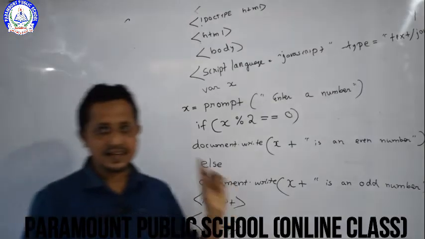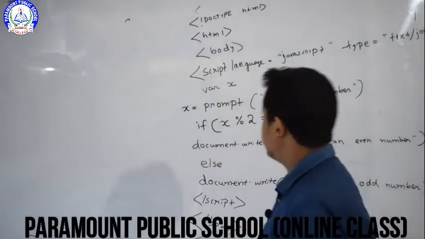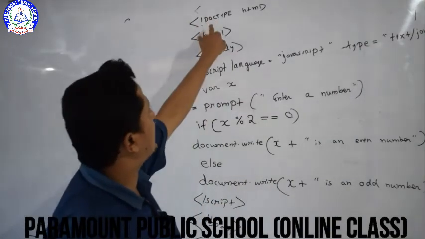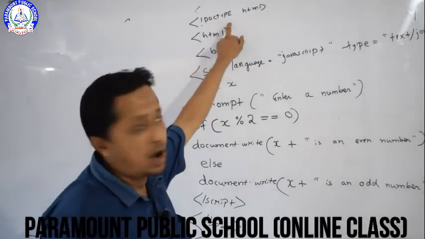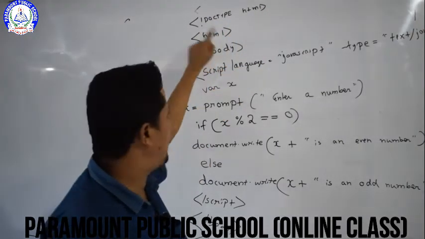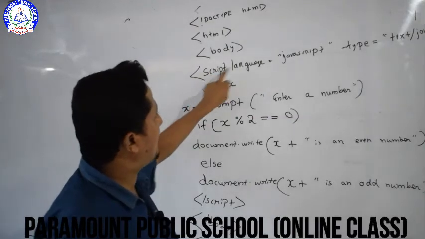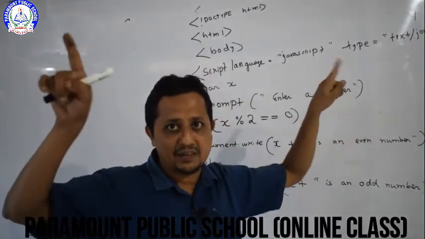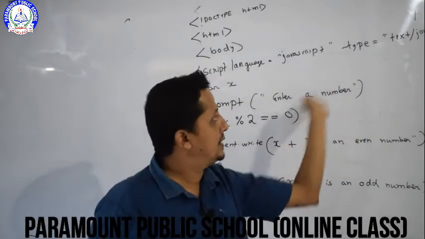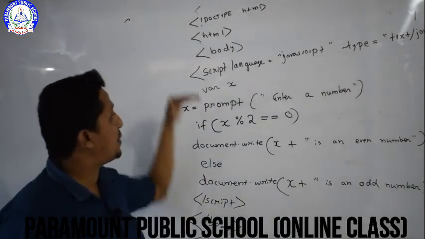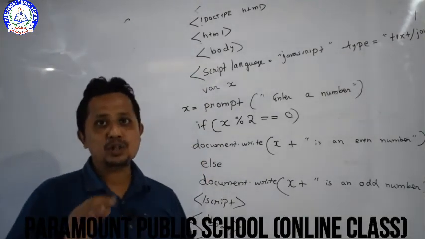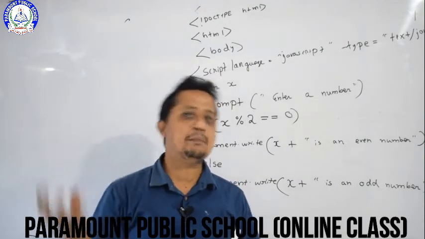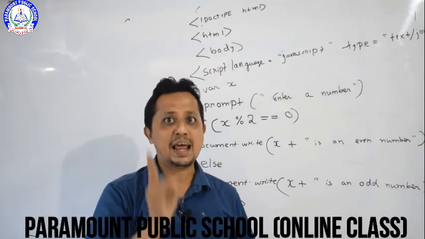See, just try to understand this particular JavaScript code. In any JavaScript code, first we write the exclamation sign, doctype html, then html, then body, and script language equal to "JavaScript" within double inverted commas, type equal to "text/javascript". Now, because I want to represent some numbers with a value, I have used a variable.